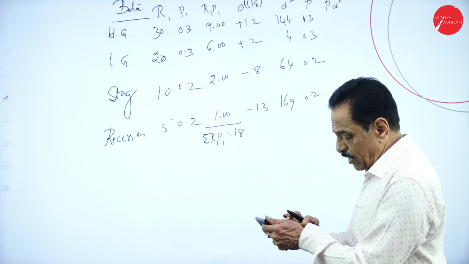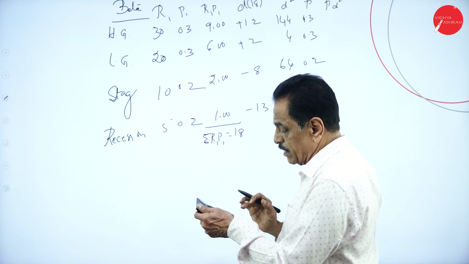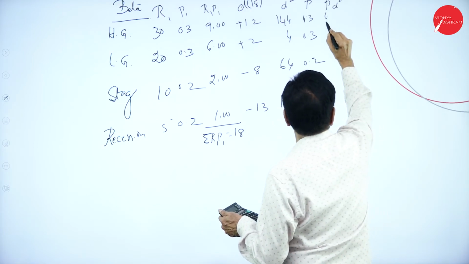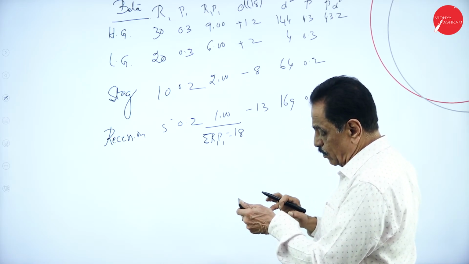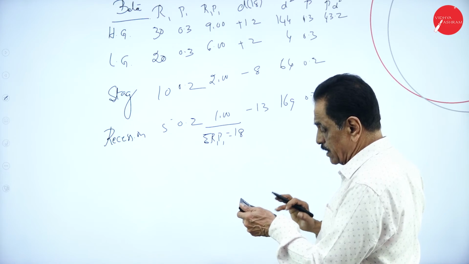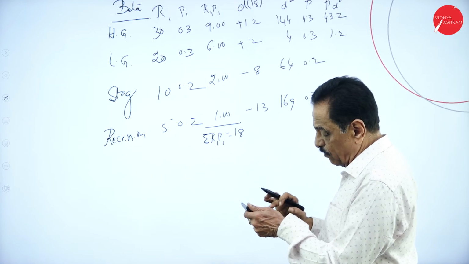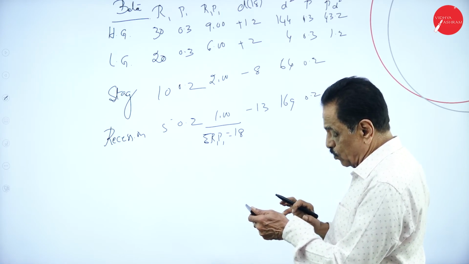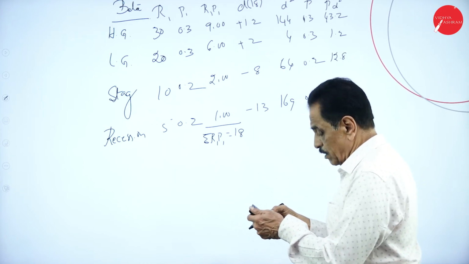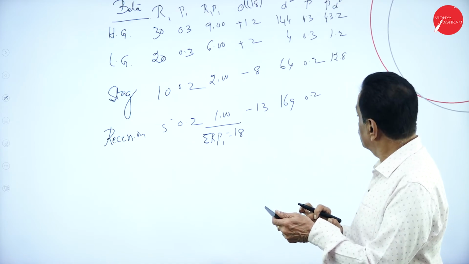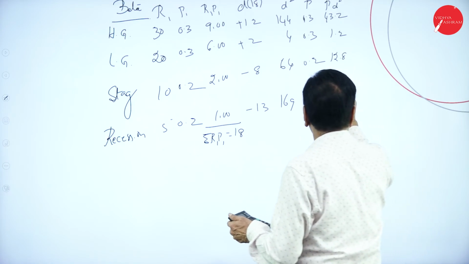So 144 into 0.3, 43.2; 4 into 0.3, 1.2; 64 into 0.2, 12.8; 169 into 0.2, 33.8.